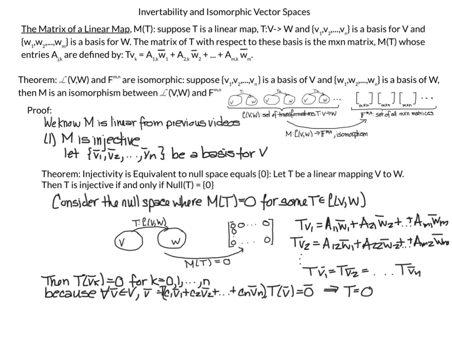That means the null space is uniquely 0. That is, when we mapped our transformation to the 0 matrix, that must have meant that all of our vectors were mapped to 0. So the null space is only 0, which means that our mapping M is injective.